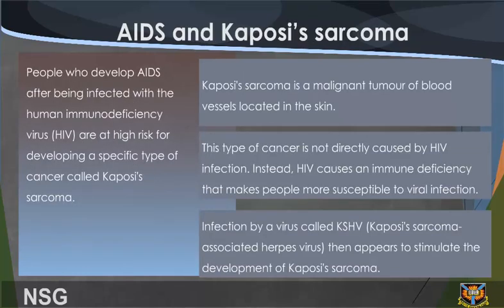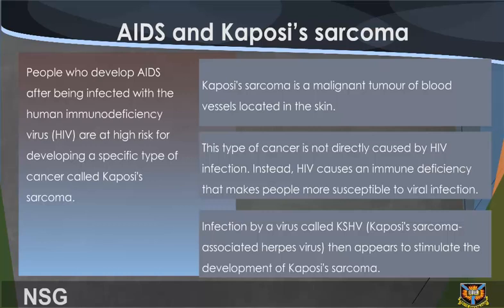AIDS and Kaposi's sarcoma. People who developed AIDS after being infected with the human immunodeficiency virus (HIV) are at high risk for developing a specific type of cancer called Kaposi's sarcoma. Kaposi's sarcoma is a malignant tumor of blood vessels located in the skin.